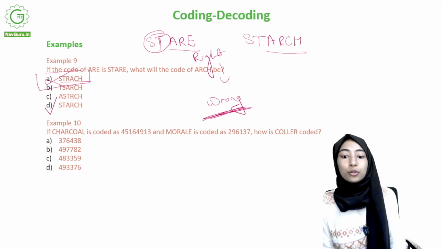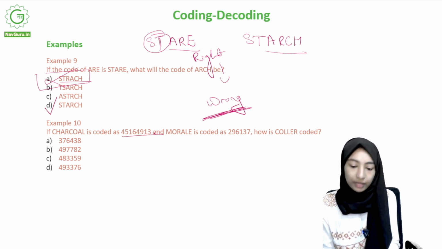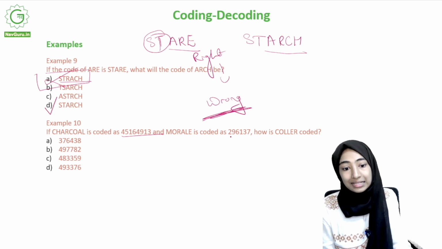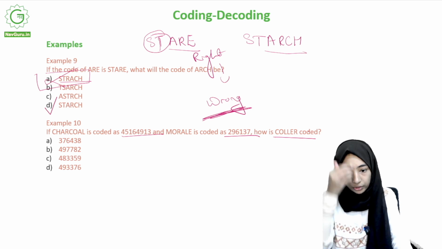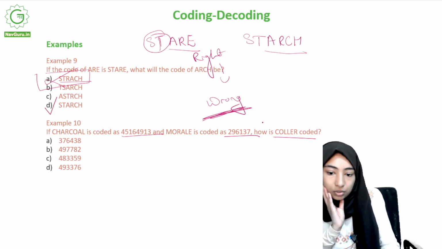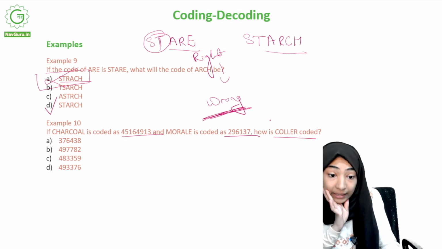Now, if charcoal is coded as 451,64913 and morale is coded as 296137, how is scholar coded? Okay, so can we get this? We'll see if we can actually get this from this. So C is the first letter here, C is a 4.